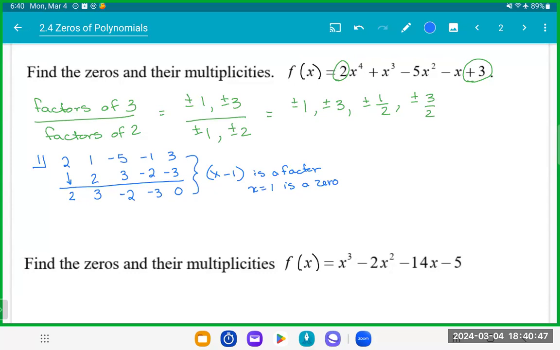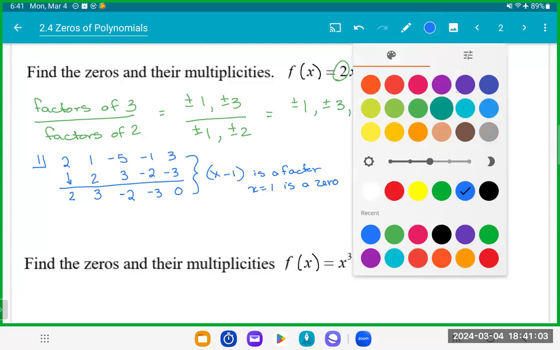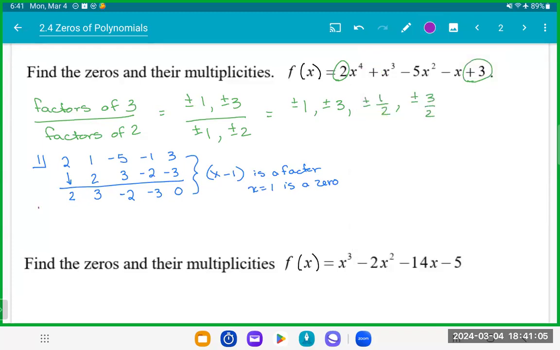Okay, question. But we want to keep going because we want to get all of our zeros. We know that 1 is a factor, but let's keep using 1 and see if it maybe has multiplicity of 2, right? So I'm going to bring this up here. We can do this again.